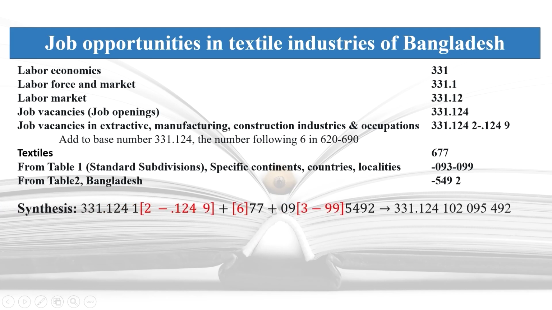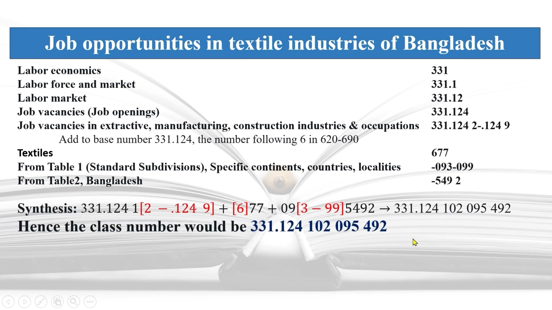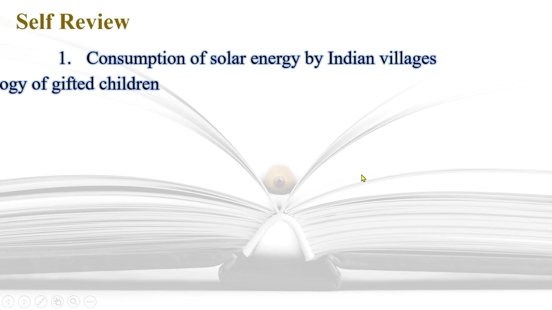Therefore, the number will be 331.1241, then the next 2 to 1249 will be omitted, and 77 from 677, 09 from 093 to 099, and finally the number for Bangladesh. The final number will be 331.124.102.095.492.